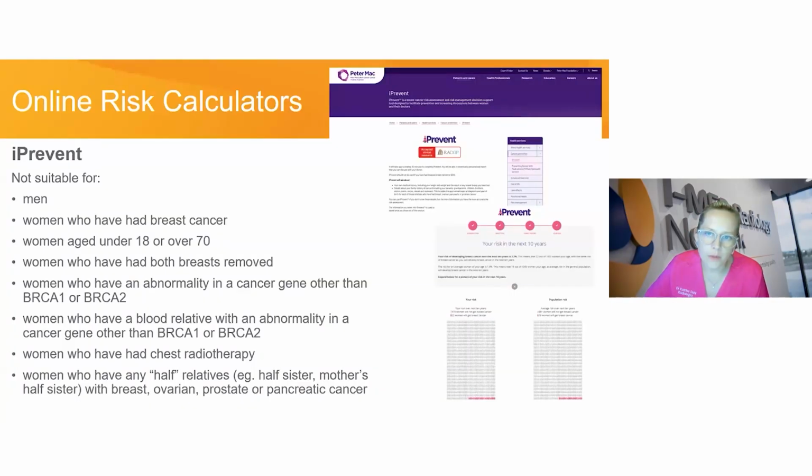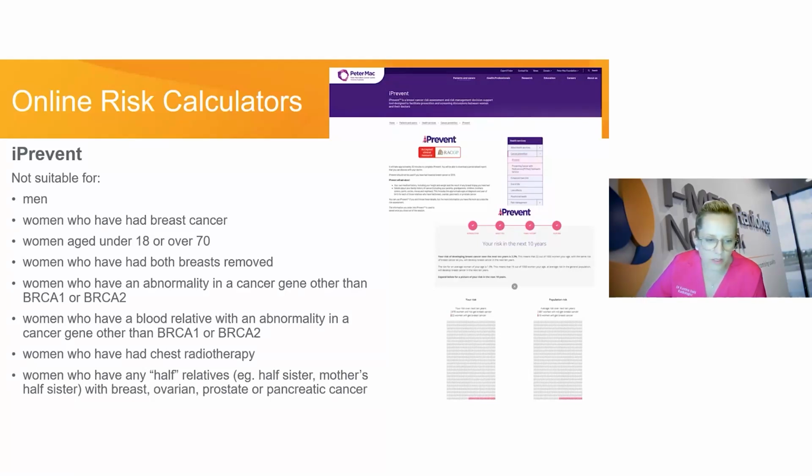So firstly, with risk calculators. I basically only use 2 risk calculators, and the first, as accepted as a clinical resource by your college and by mine, is iPrevent, noting that it's not suitable for women who have had breast cancer, obviously men, too young or too old, previous mastectomy, known gene carriers, other blood relatives with abnormalities.